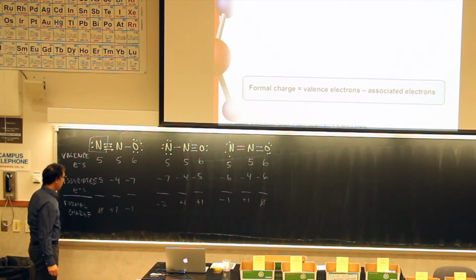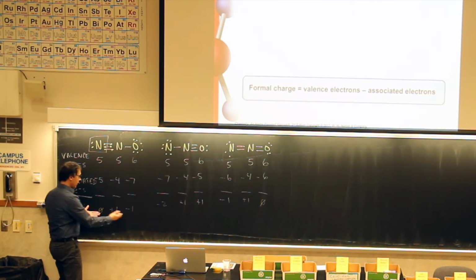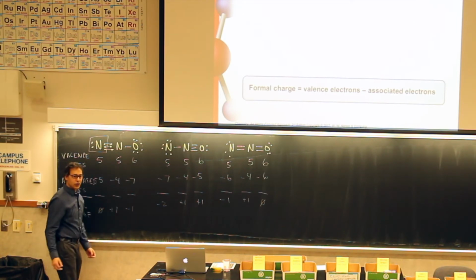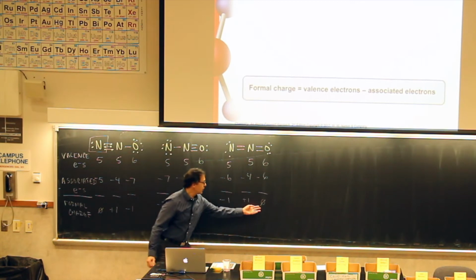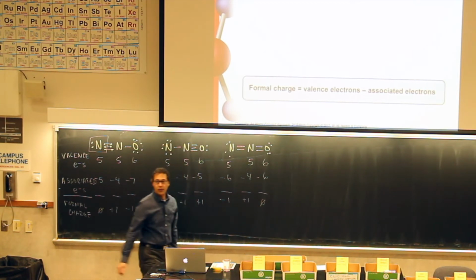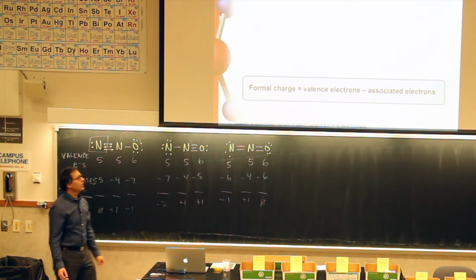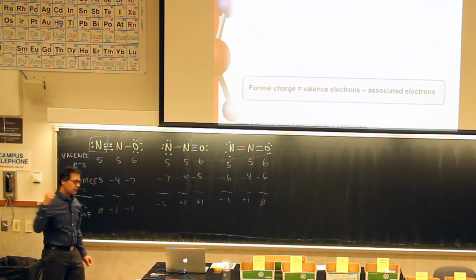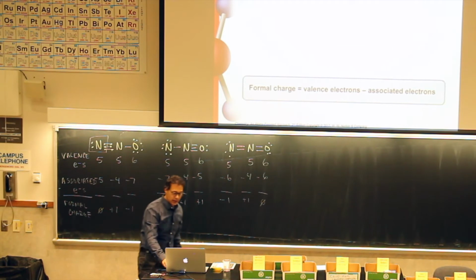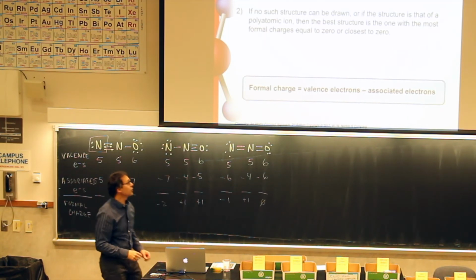And as I look at these, nope. Every one of these structures, yes, there's a 0 here and there's a 0 here, but these other ones are not 0. So we're going to need more than one rule. Rule number 1 is if all of them are 0, great. But if that's not the case, we need rule number 2.